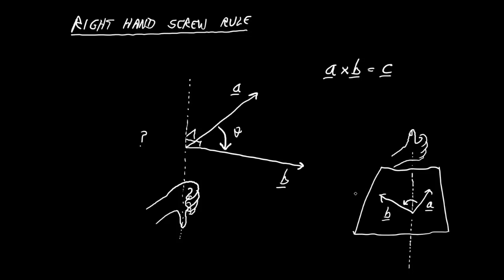So it's like the anti-clockwise direction in this picture, and then our thumb points in the correct direction for that vector. So in fact these are the two opposite cases. So that's the rule. That allows you to construct the correct direction for your vector geometrically.